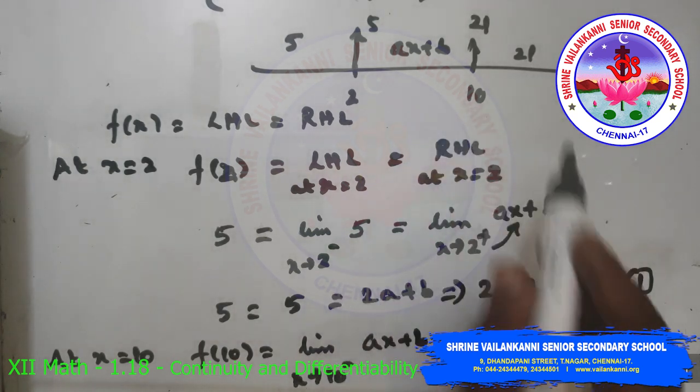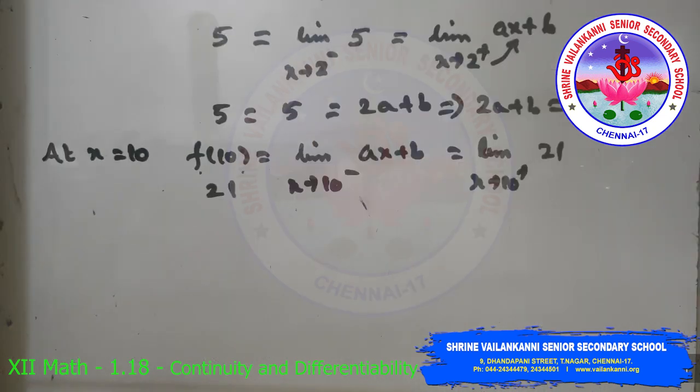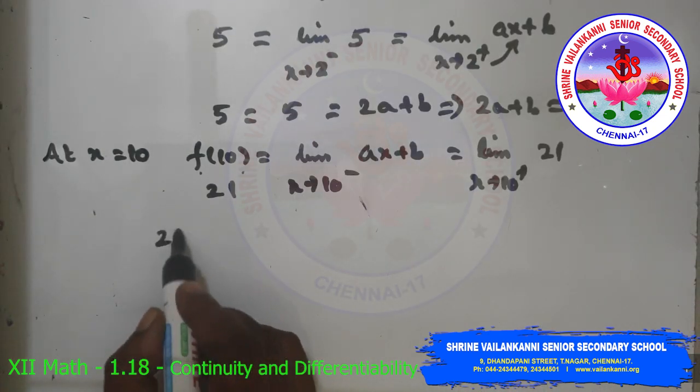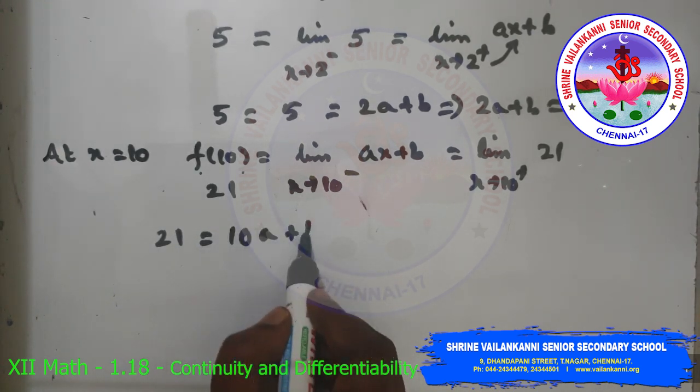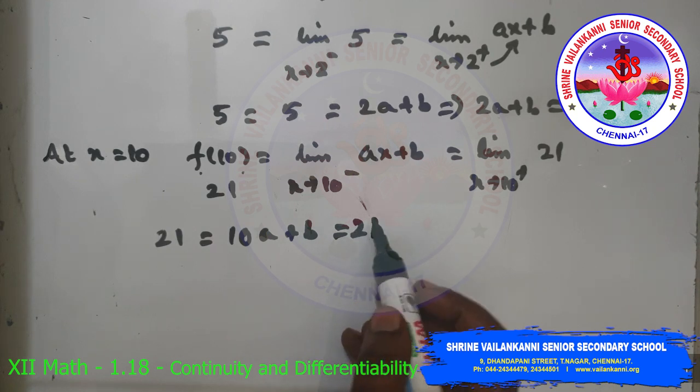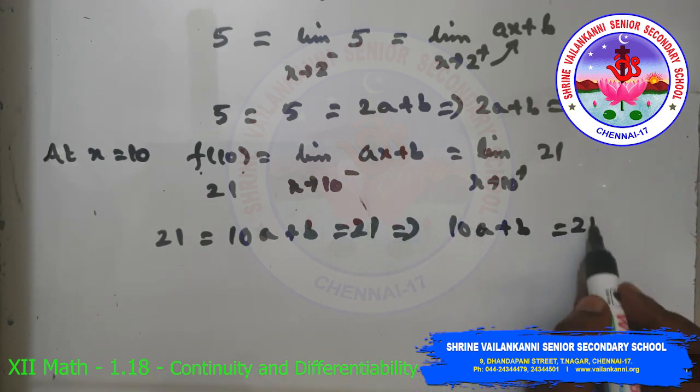To the right of 10 we have the function 21. So f of 10 is 21, which is equal to left hand limit ax plus b, which is equal to right hand limit 21. Then we get 21 equal to 10a plus b. So we can write this equation as 10a plus b equal to 21.